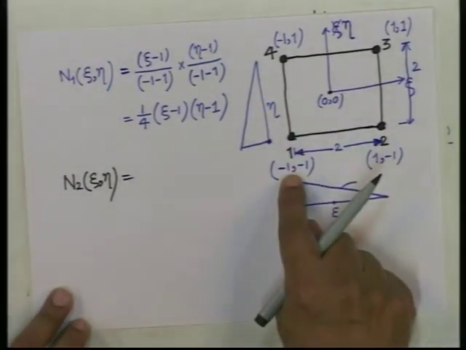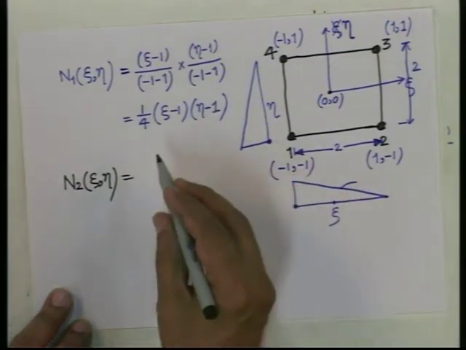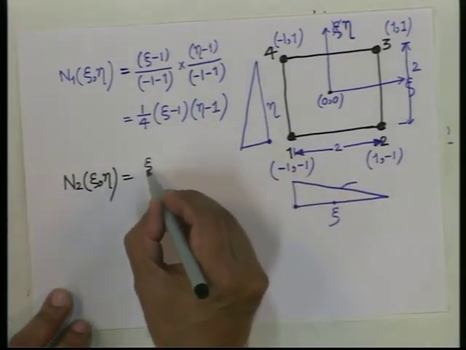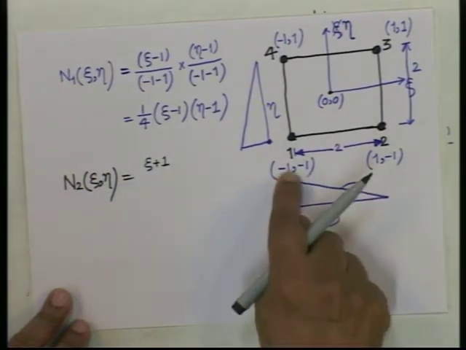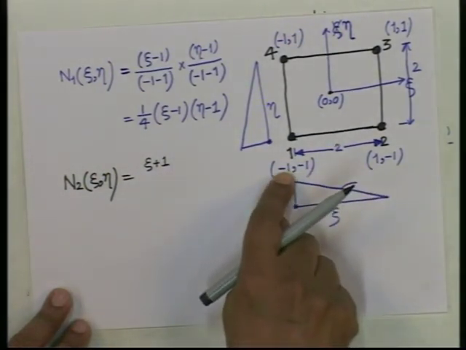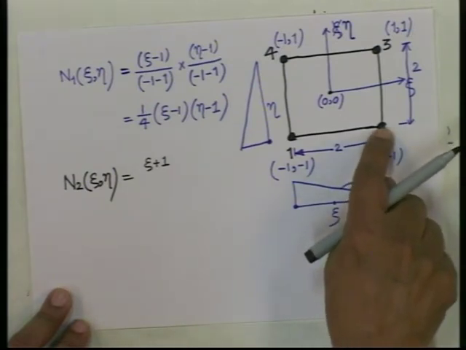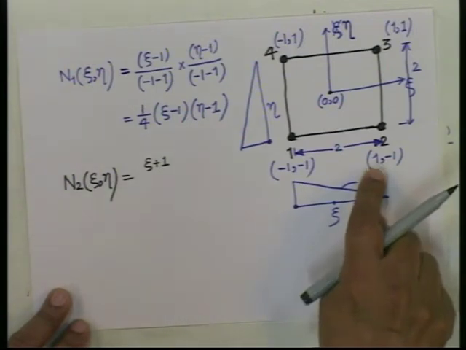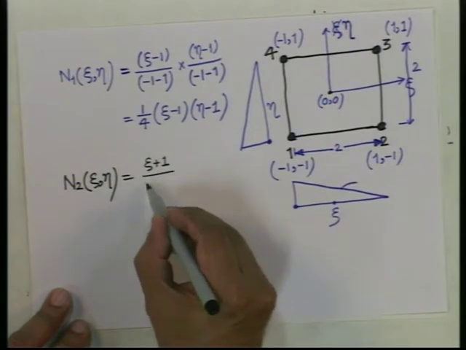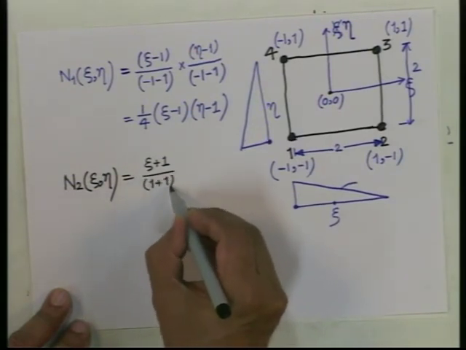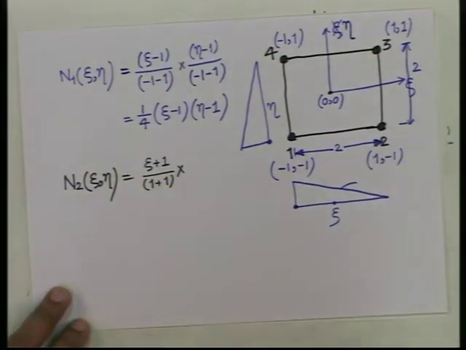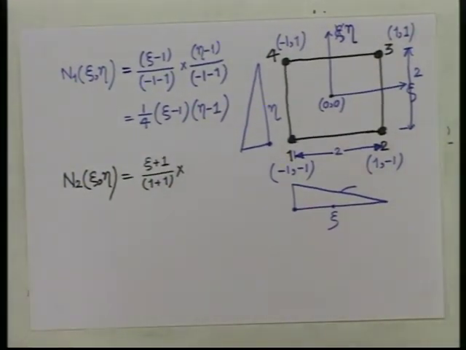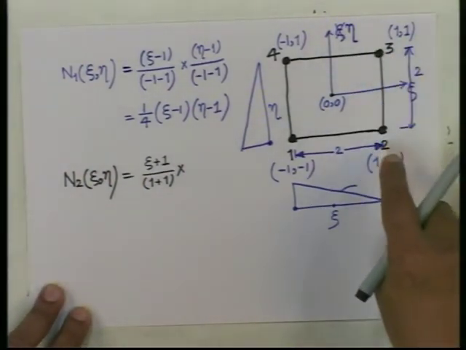In psi, it will be psi plus 1, because psi minus 1 of minus 1, this coordinate is minus 1, because we are talking of this coordinate. Divided by, what is the value of psi here? Equal to 1. So, 1 plus 1, multiplied by eta. What is the value of eta here?